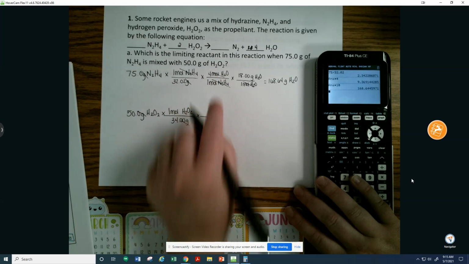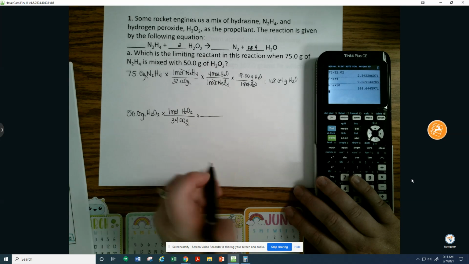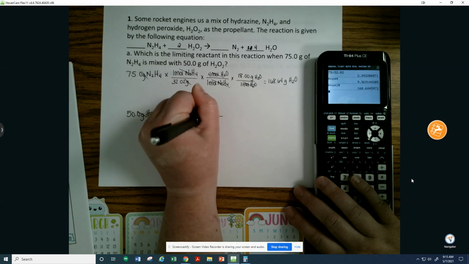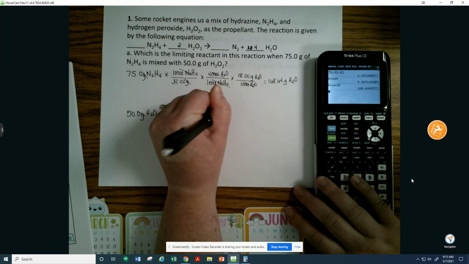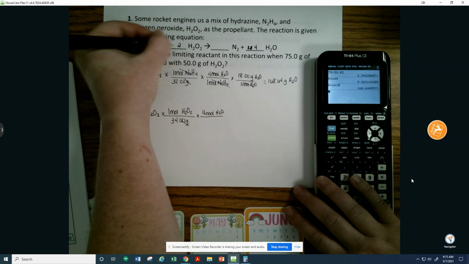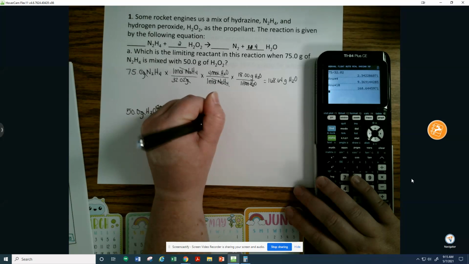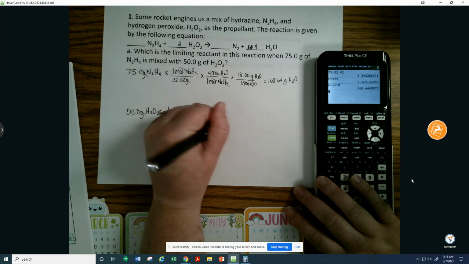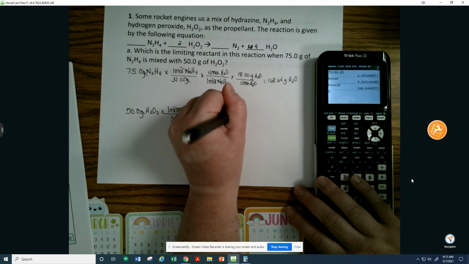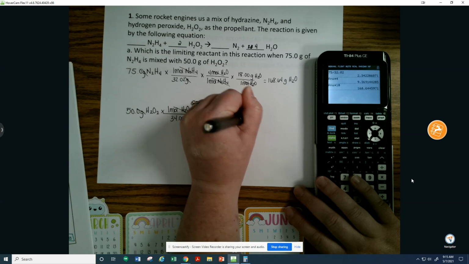Here, I need my mole ratio. My numerator is going to be the same. I'm looking for moles of water. So 4 moles of H2O is to 2 moles of hydrogen peroxide. The last step is going to be the exact same because we're going to the same product to make our comparison.